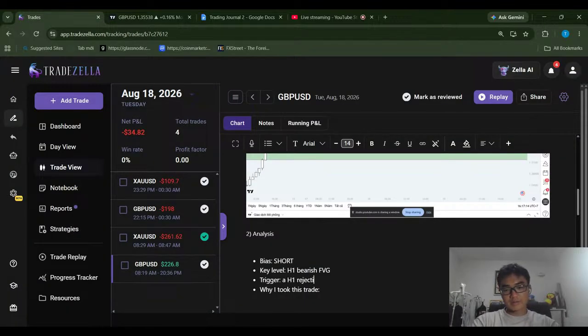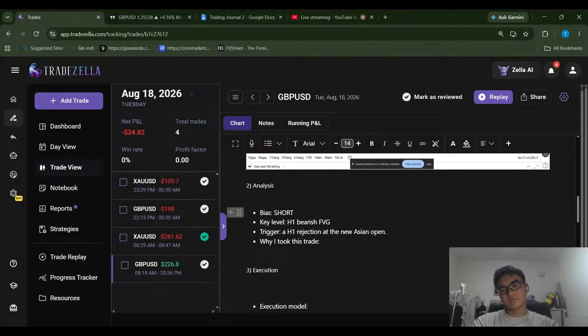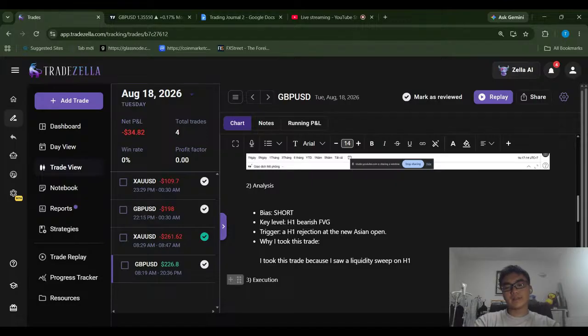H1 rejection at the Asian Open. I took this trade because I saw a liquidity sweep on H1. I mainly use the H1.